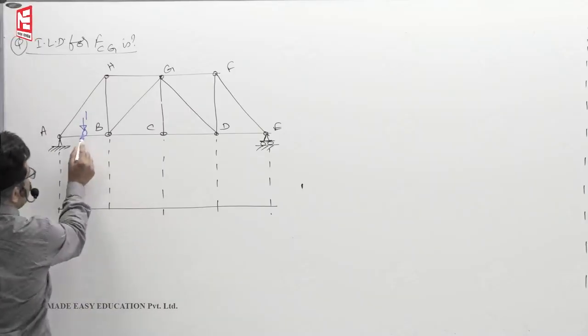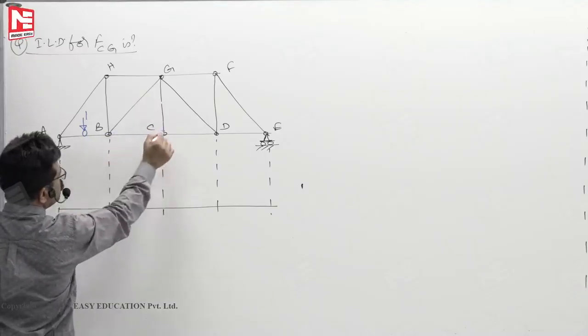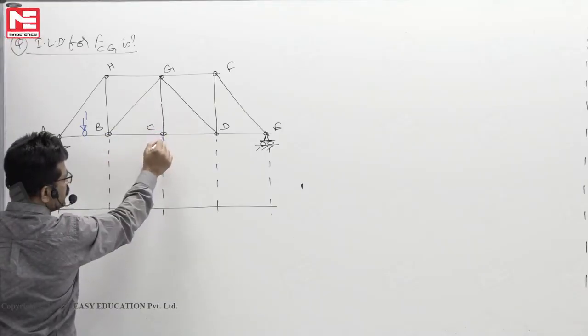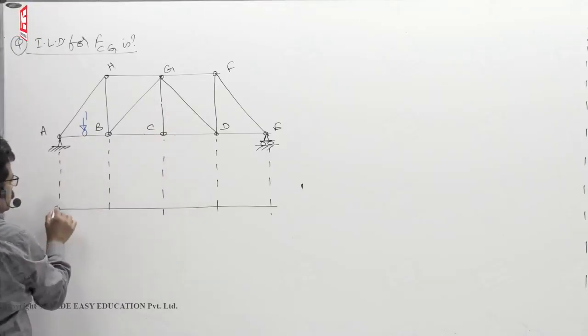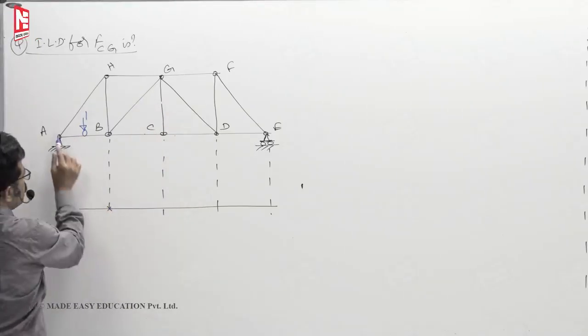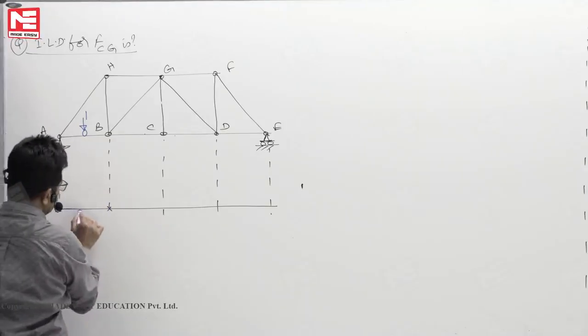So when the load is anywhere between A and B, now force in member CG means here nothing came. So 1, 2, 3, 2 are in line, third must be 0. So like this. For all positions between A and B, influence line diagram is simply a straight line.